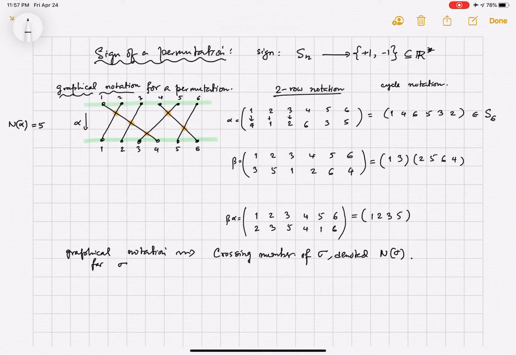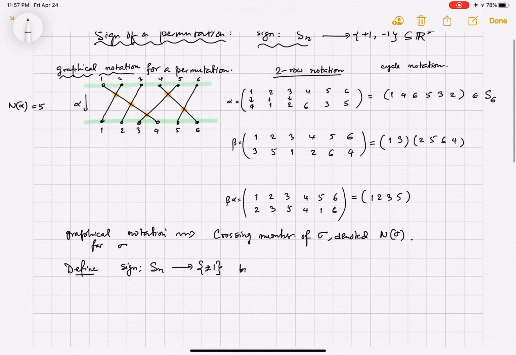And once you have this crossing number, you can actually define this function quickly. Define this function called sign from the permutation group to the group with two elements plus minus 1 by: the sign of a permutation is -1 to the power the number of crossings.